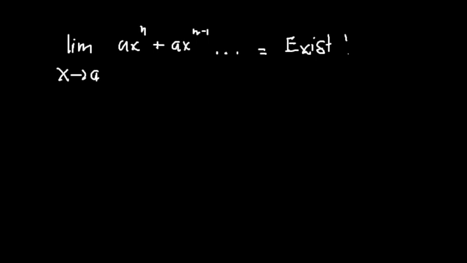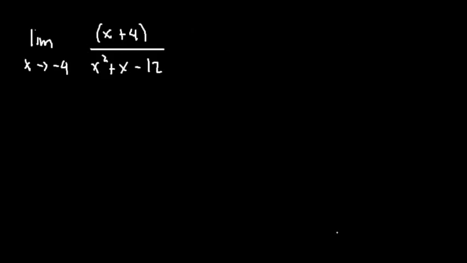Now let's have an example of a function where its limit may or may not exist. Now let us try to solve the limit of the function x plus 4 over x squared plus x minus 12 as x approaches negative 4. Now as you can see, hindi na siya polynomial, but it's now a rational function.